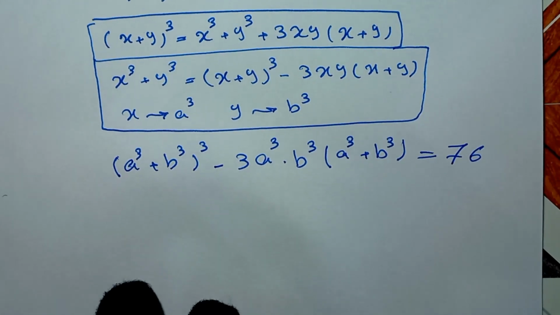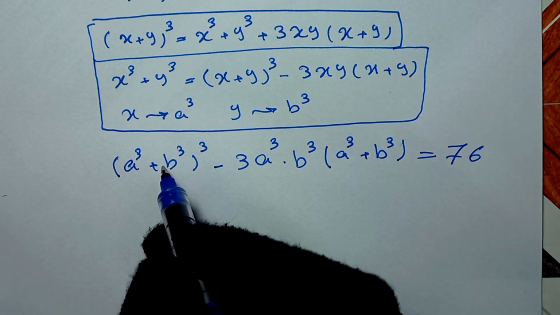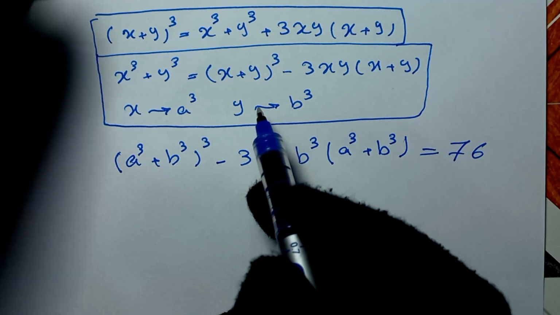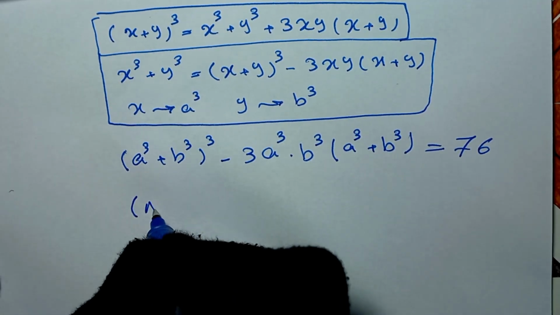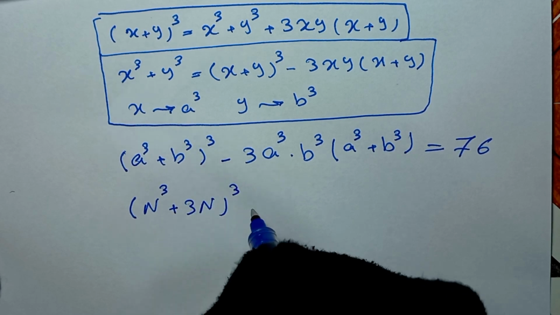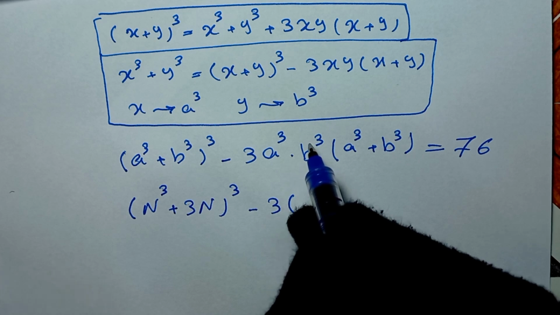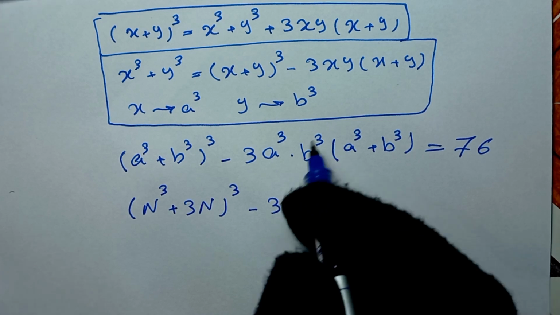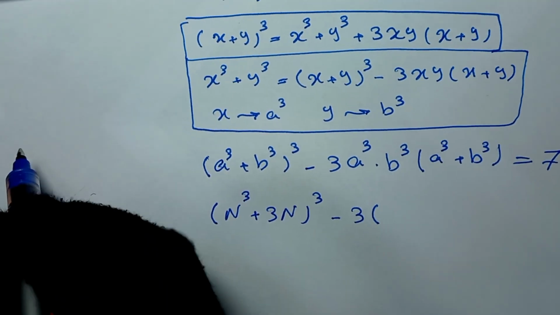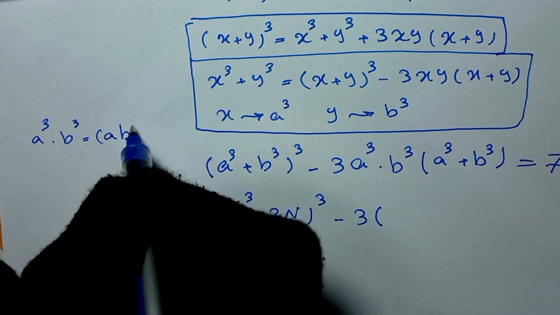And in the next step, a cube plus b cube from equation number 4 in here is n cube plus 3n, right? So we write in here n cube plus 3n to the power of 3 minus 3 times a cube times b cube. And a cube times b cube we can write as a times b to the power of 3, right?